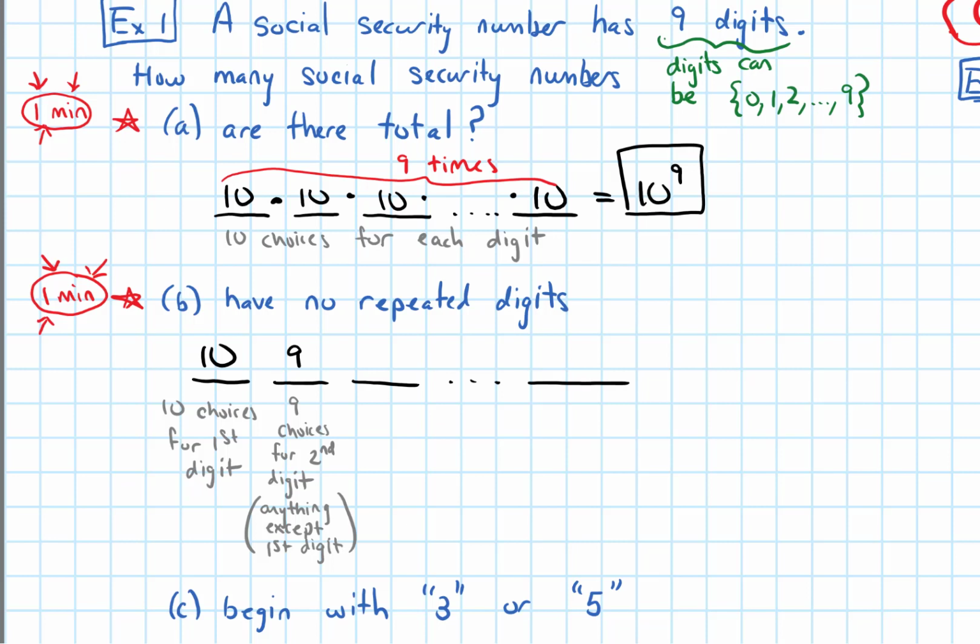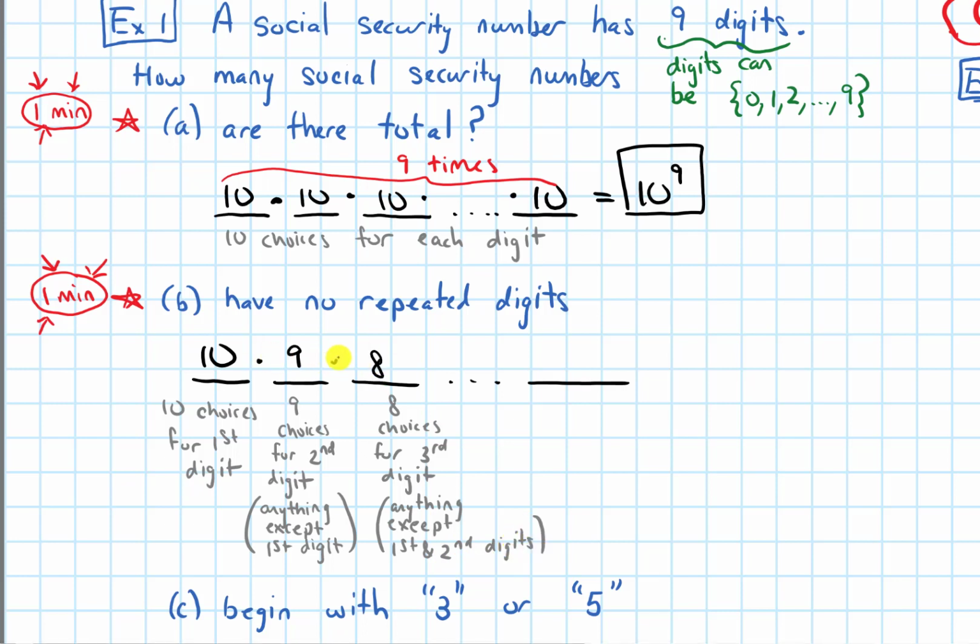So once we've picked those first 2 digits, there are 8 choices left for the third digit, because it could be anything except the first and second digits. So 8 choices there.